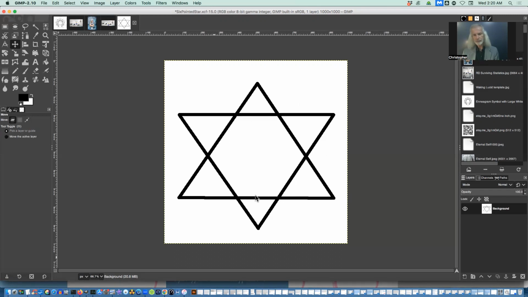So if we start at the base of the upward facing triangle, we move from here to here to here, and then if we move to the base of the downward facing triangle, from here to here to here, that is the way we will operate with this visual symbol.